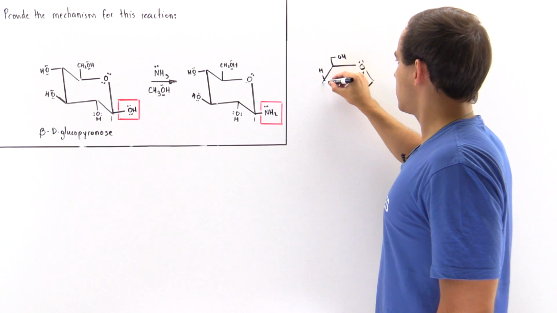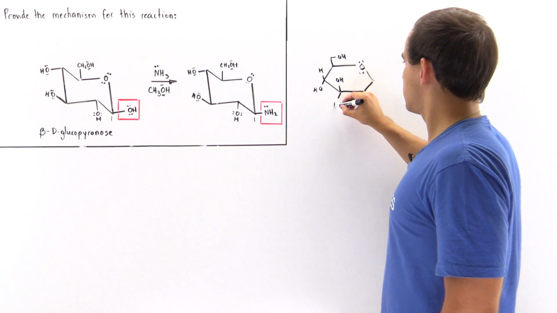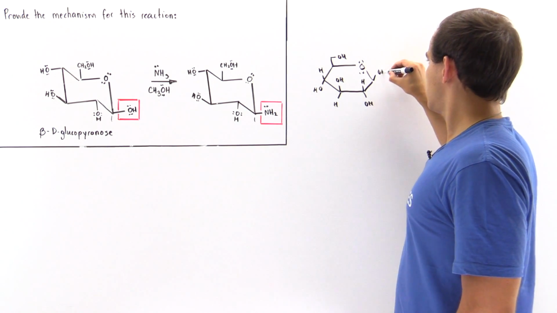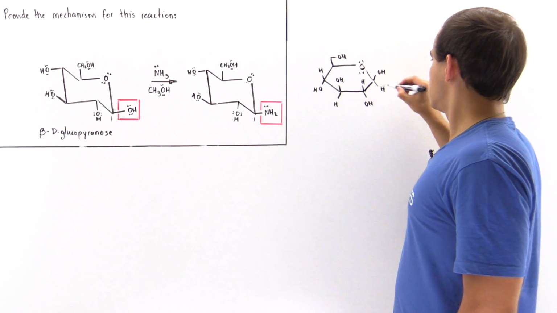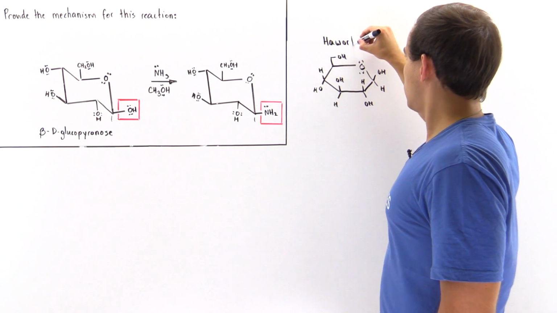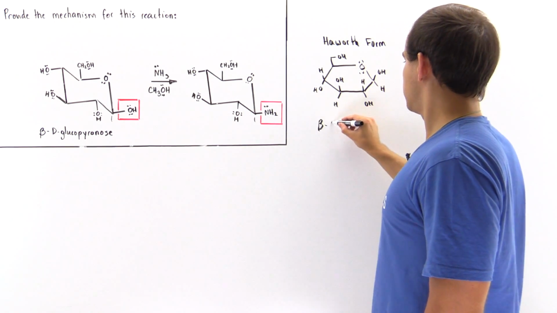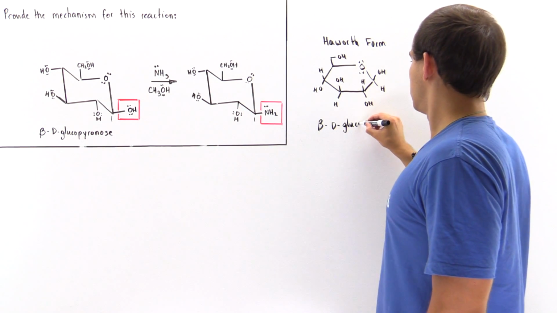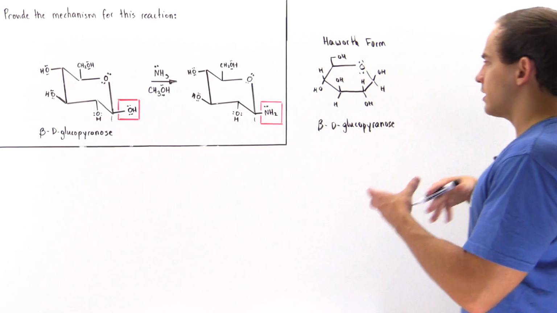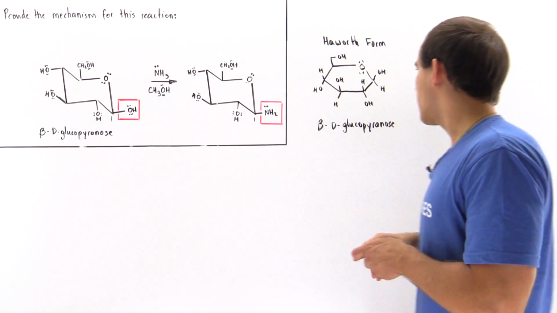The H here points up, OH points down, OH points up, H points down, up, down, up, down. So this is the Haworth form of beta-D-glucopyranose. The entire reason I'm using this is because it's easier to draw than the chair conformation.